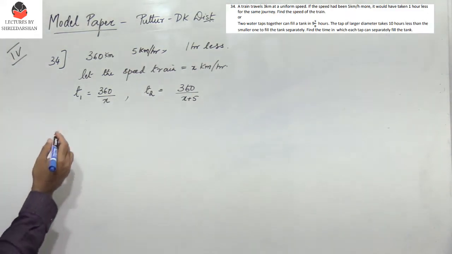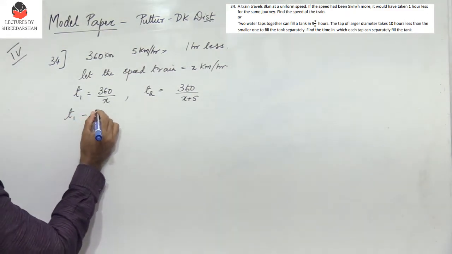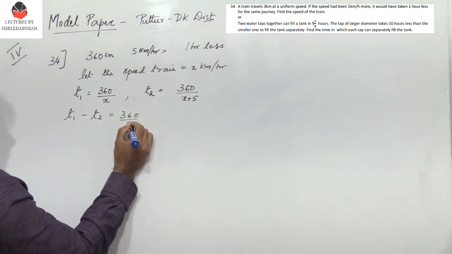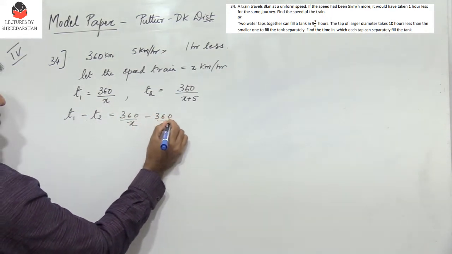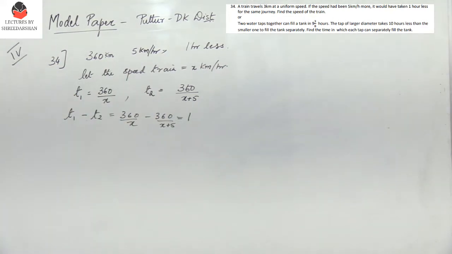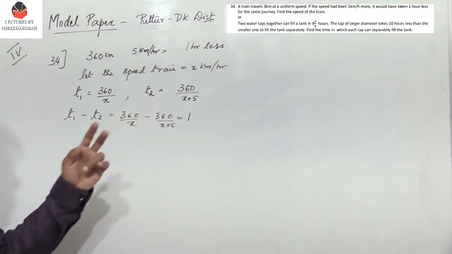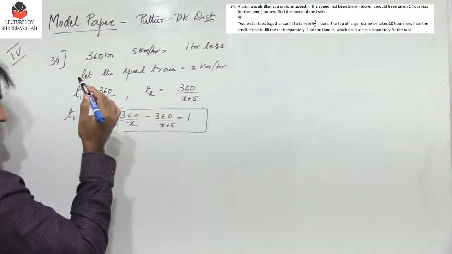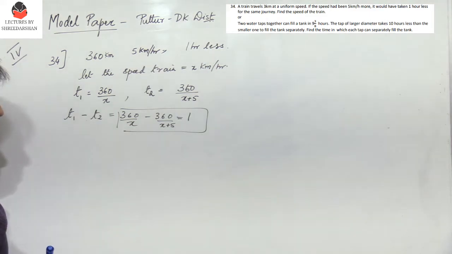It has been given that t1 minus t2, the difference, is 360 by x minus 360 by x plus 5, and that is equal to 1 hour. So you save a time of 1 hour. Now using this expression, we have to find the value of x.